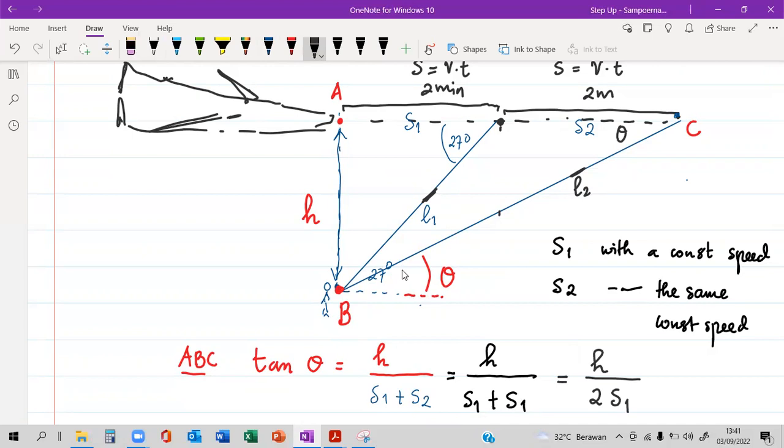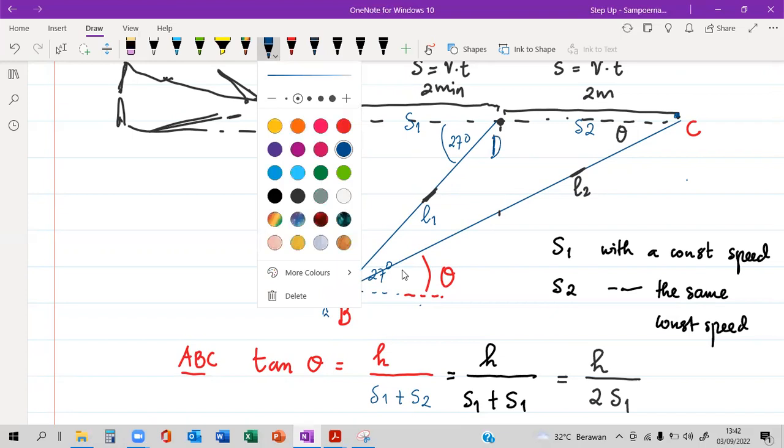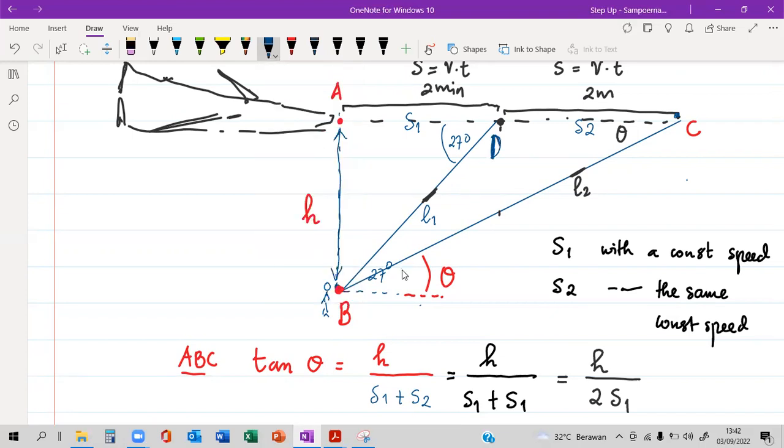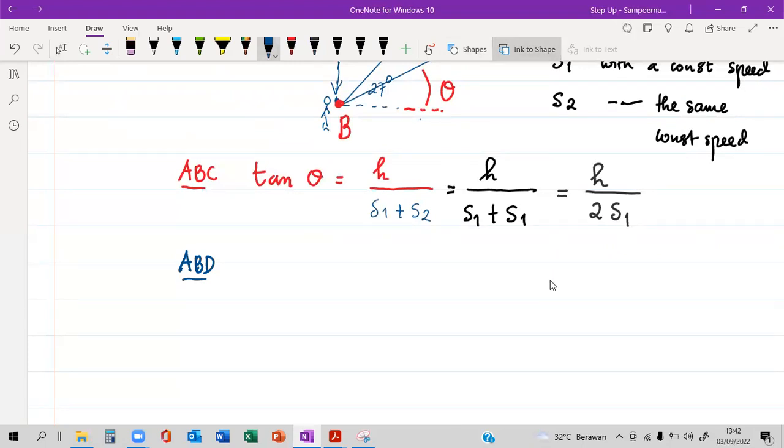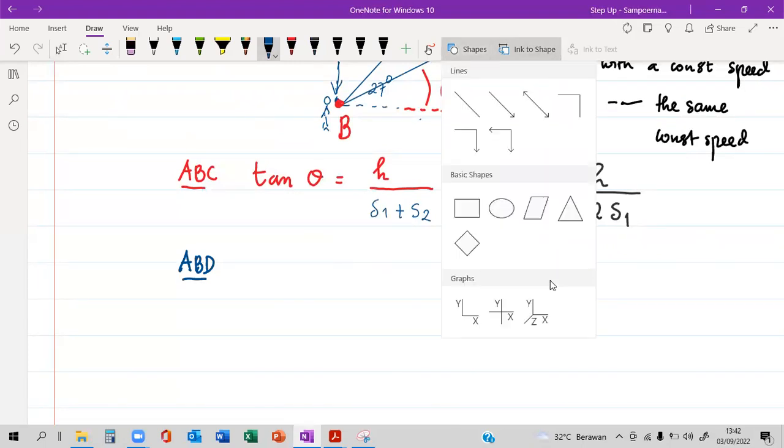All right. Now, having given that, I'm going to shift our concentration to another triangle, ABD. Can you see the new triangle ABD? I'm going to open a new page and draw it again.